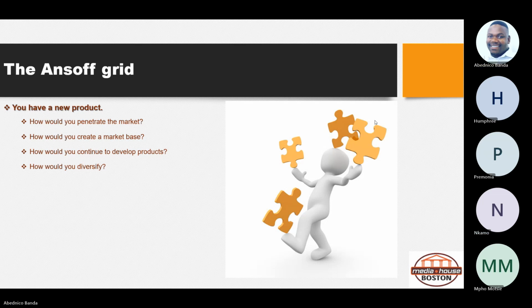Okay. And how would you diversify? Do you know the term diversify? Diversification? Yes, it depends also on the product that you are selling.